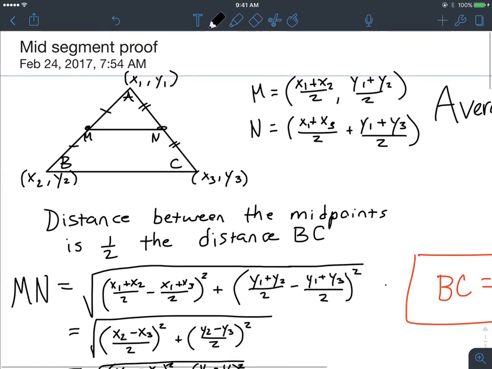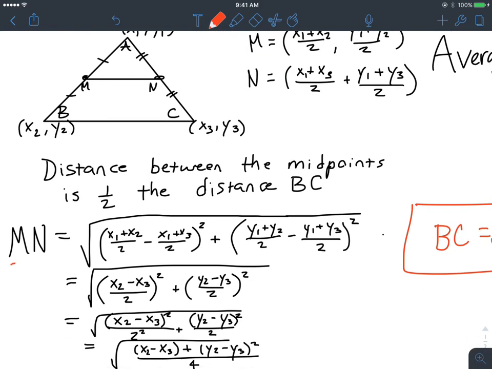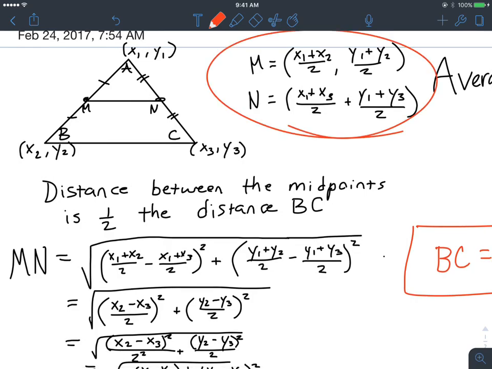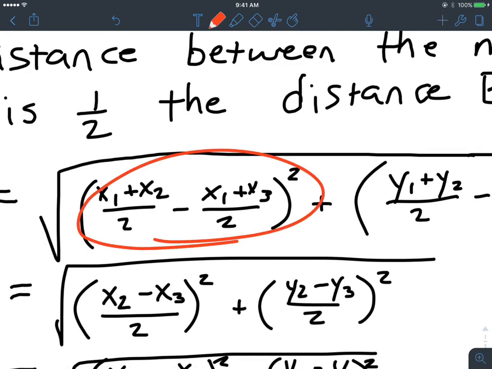Essentially, I took those midpoints and started doing the distance formula. I was trying to find the distance MN, so I'm going to use these as my ordered pairs. They look weird because it's not really simplified down. We don't have any numbers, so we can't simplify it. But with the distance formula, you take the difference between your x's, that's what I did right down here, and then you square it.